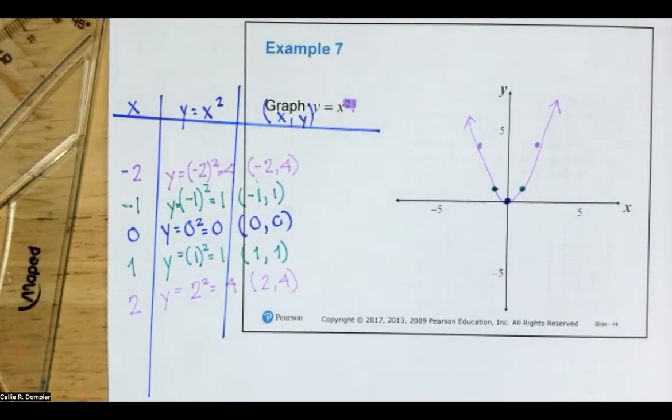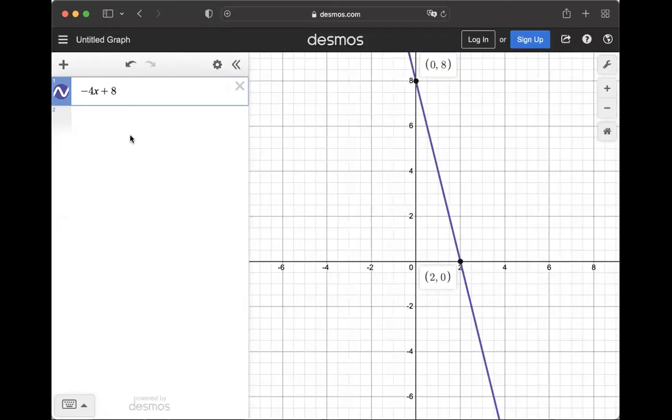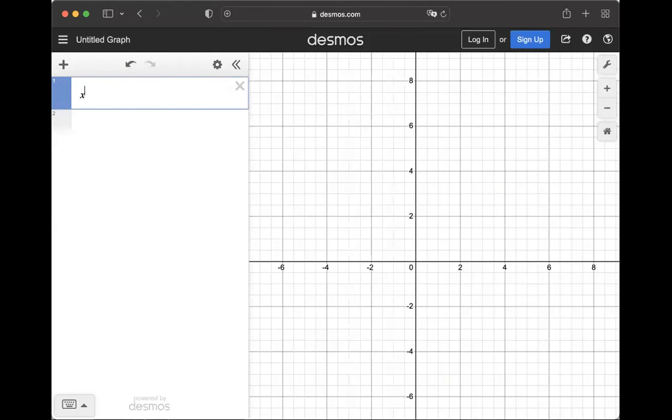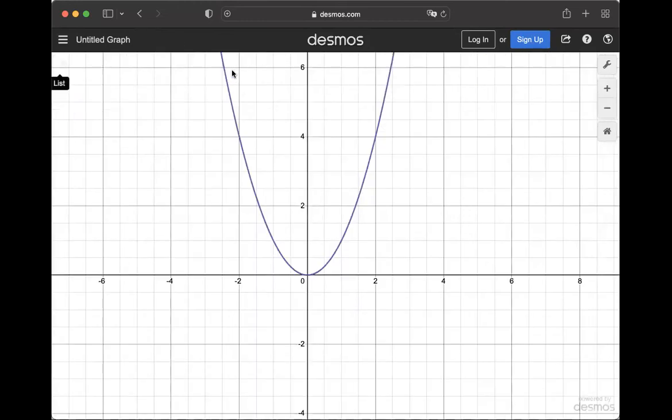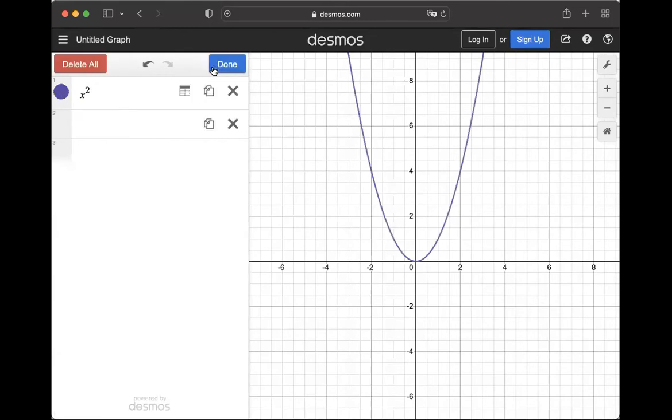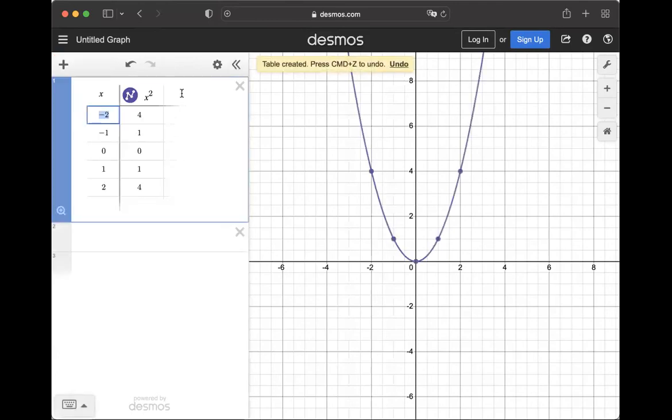If I put y equals x squared into Desmos, to put the square into Desmos, you just hit shift and then the number 6, okay? And something else that is good to know about Desmos is you can press that edit list gear. This may offer you a table of values.